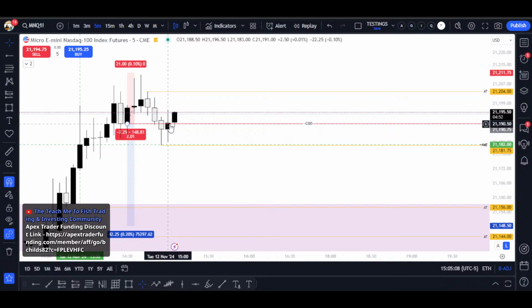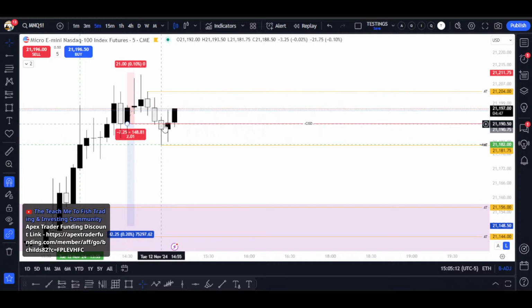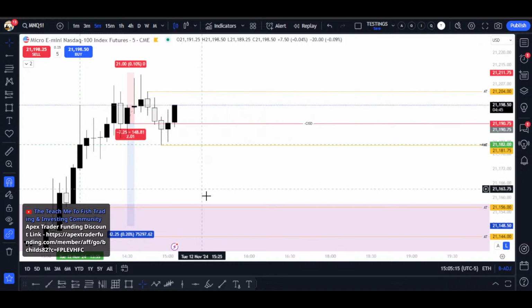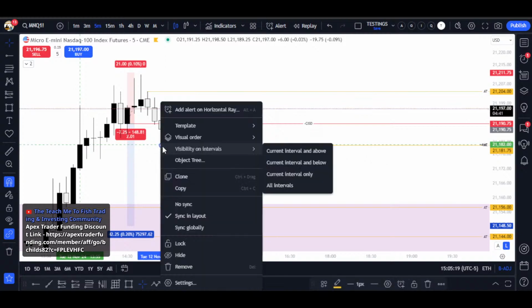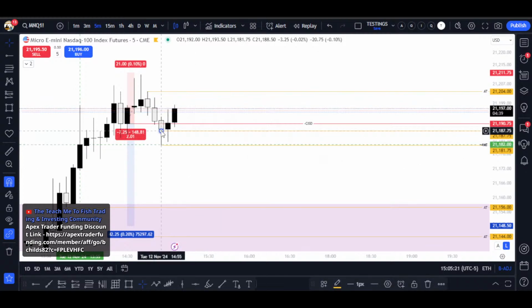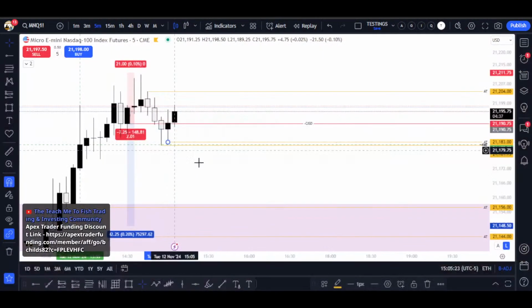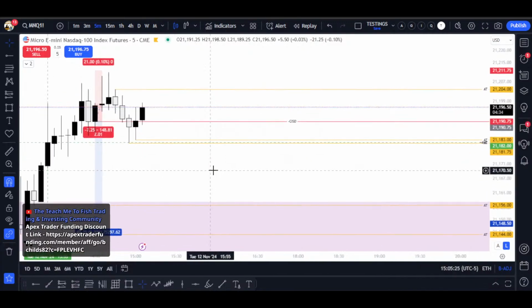All right, so 3 o'clock swept and closed below the high of 255. So the low of 3 o'clock is an algo target.